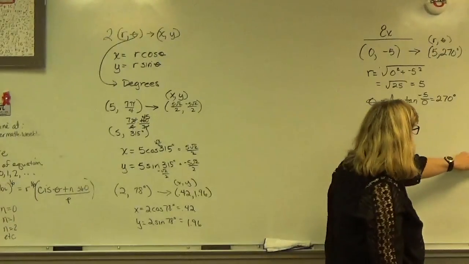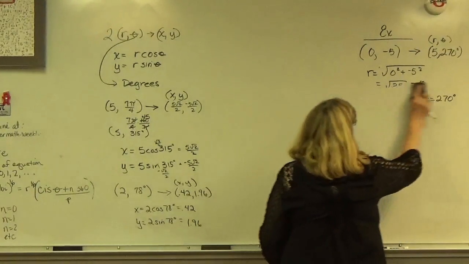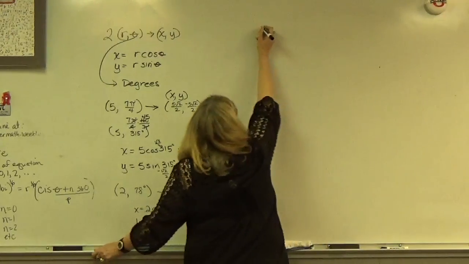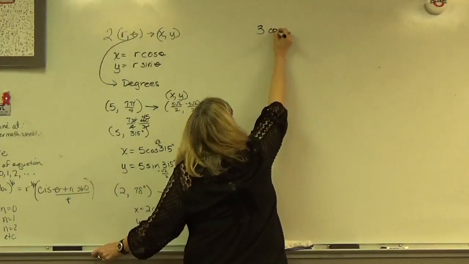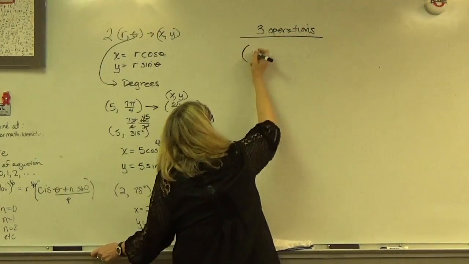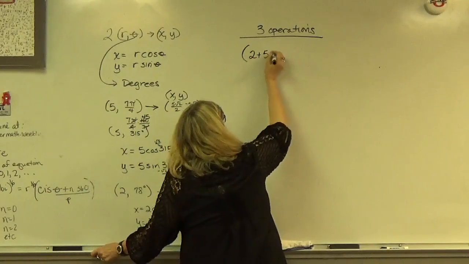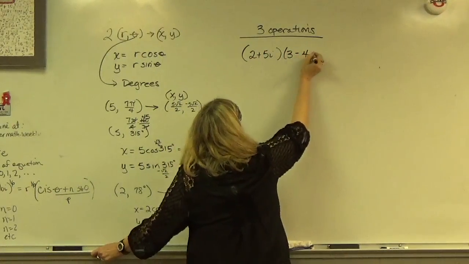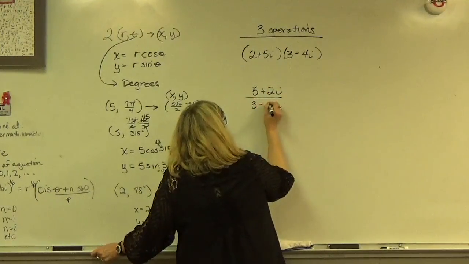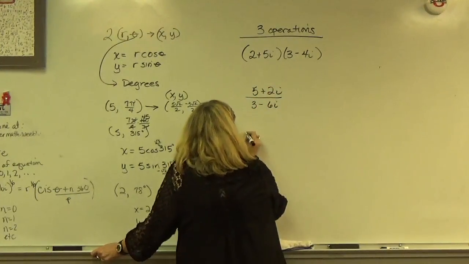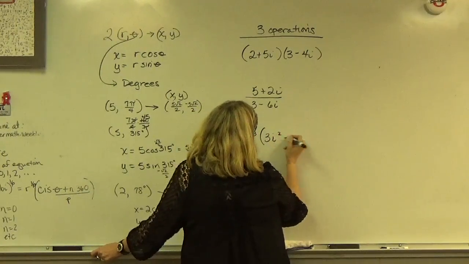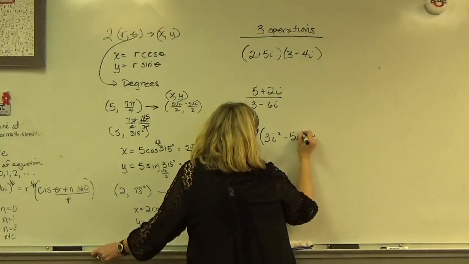Next, what are we ready for? Operations of complex numbers. There's 3 of these. You should be able to FOIL. You should be able to divide. And you should be able to simplify.